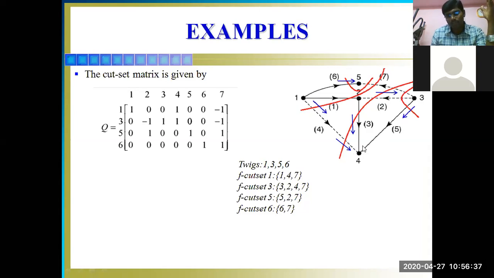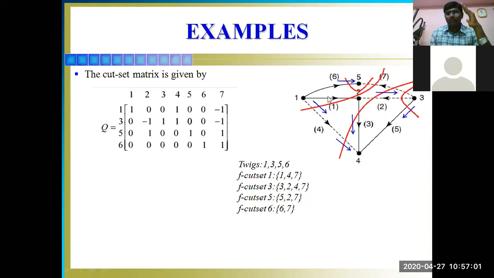Suppose you want to remove this 4, you can't remove this 5. So with 3, there is a possibility to remove 4, 3, 2, 7. So remove 4, 3, 2, 7, that divides into two subgraphs.